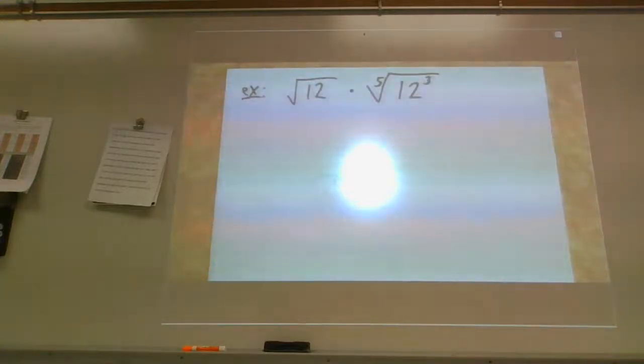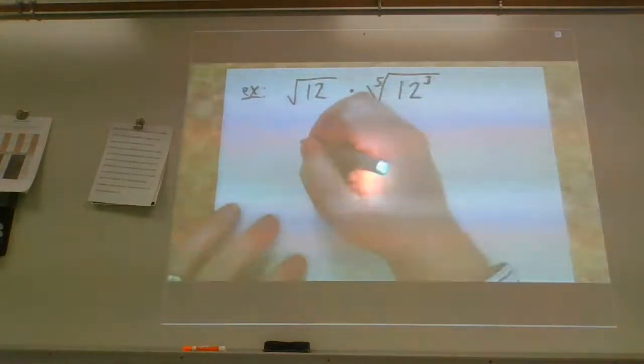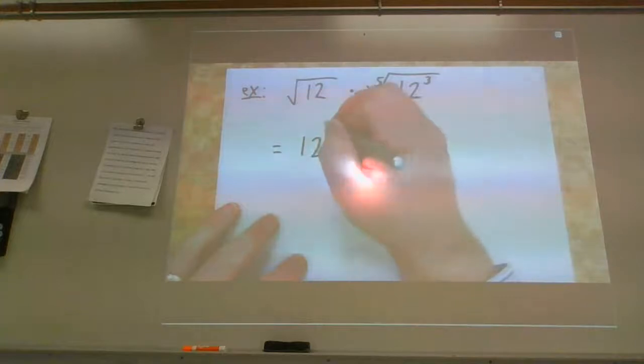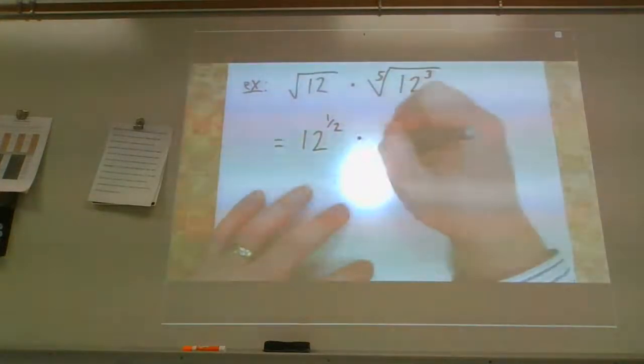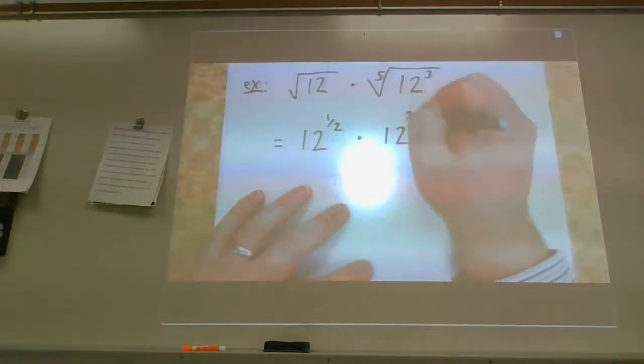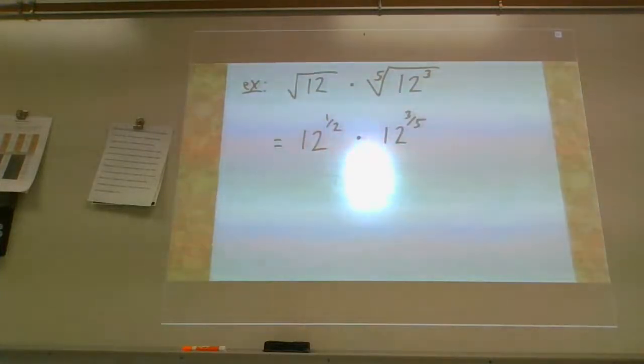What does one do? Let's convert it to be a fractional exponent in the guise of power over root. This should really be 12 to the 1/2 power and 12 to the 3/5 power. Nothing has changed except the way the problem looks. It's still a square root. It's still a fifth root.